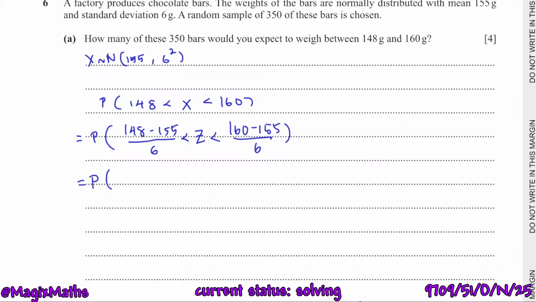And then we'll get negative 1.167 and 0.833. So when you look that up, if you sketch a graph, it'll look like this.